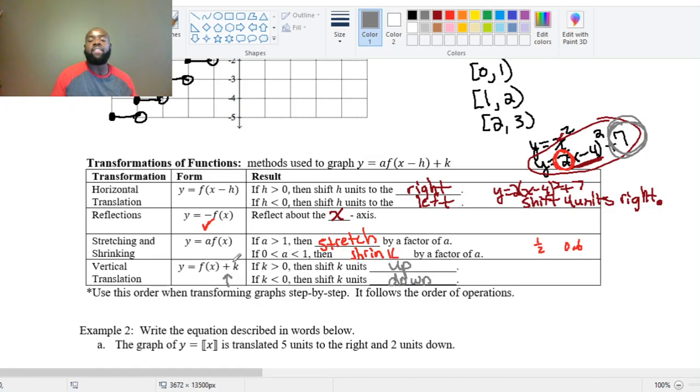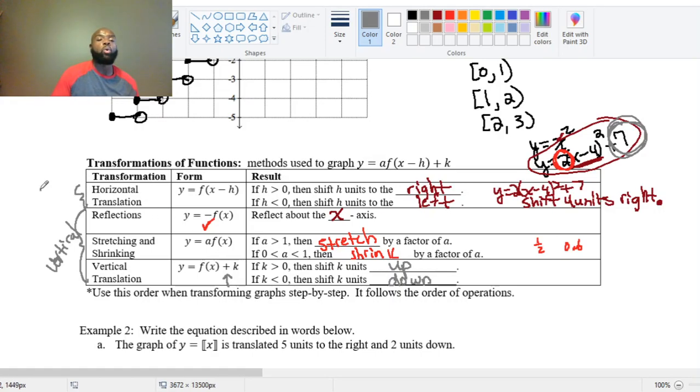So whatever sign that the k has, you're basically going to add that to your y values, or subtract it from your y values if it's negative. Notice each of these 3 things here are vertical. They're done outside of the function, right? This negative is multiplied on the outside of the function. This a is multiplied on the outside of this function. And this k is added on the outside of your function, right?